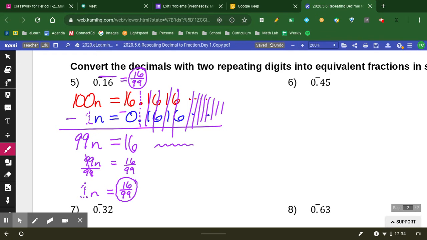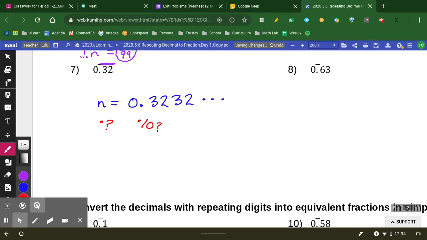If you wish, let's go on to number 7 and kind of use the same strategy. In this case, we have 0.32, and both the 3 and the 2 are repeated. Now, I wonder what would happen if we would multiply by 10 again. If we were to multiply the left side by 10, 10 sets of n is 10 n's.